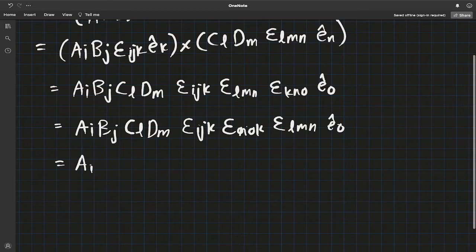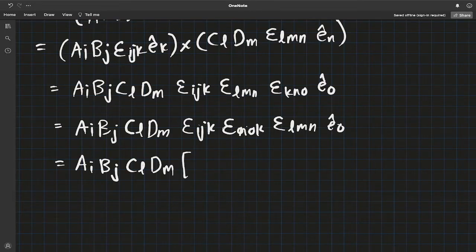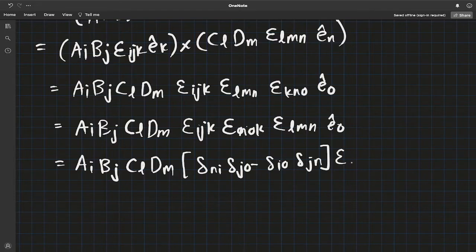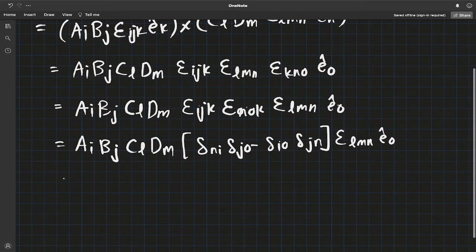Okay, so now let's do our magic. We will end up with delta ni delta jo minus delta io delta jn, and this epsilon lmn e sub o hat.